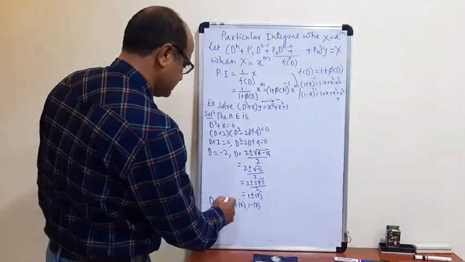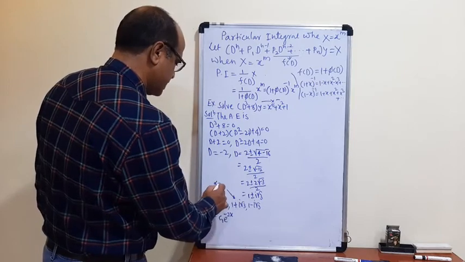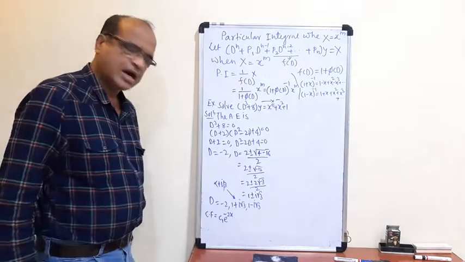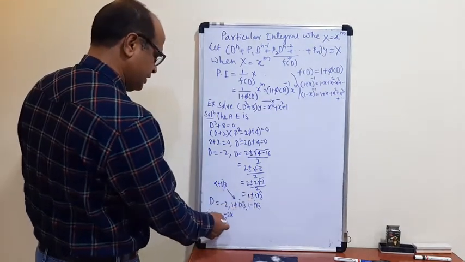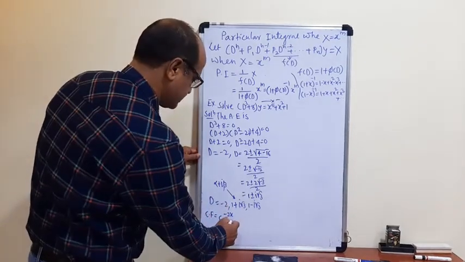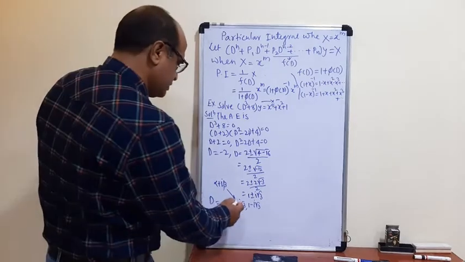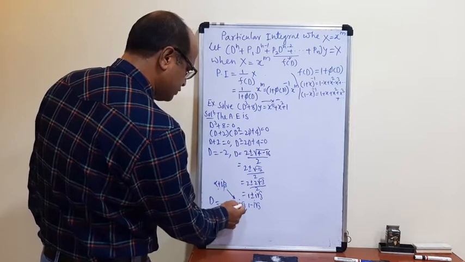This root is of the form alpha plus i beta, and this is alpha minus i beta. So C1 e raised to m1 x, where m1 is minus 2. Here alpha is 1 and beta is root 3.